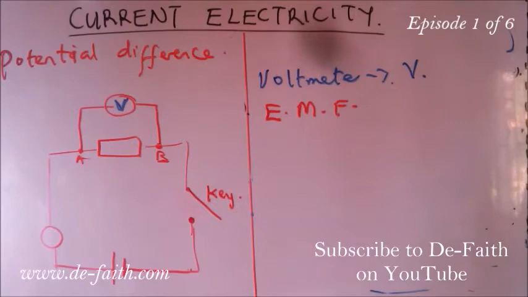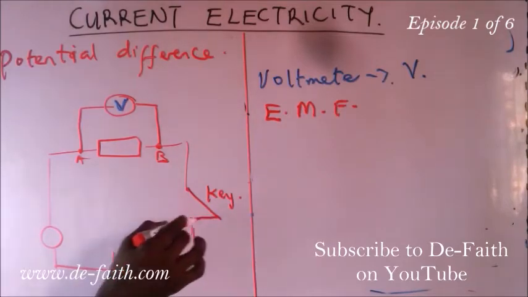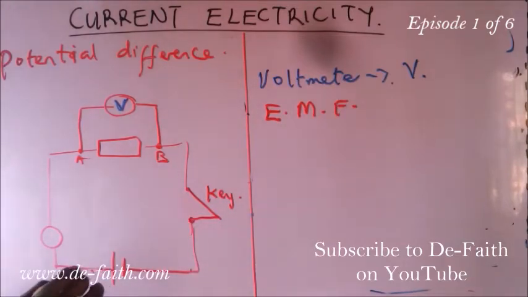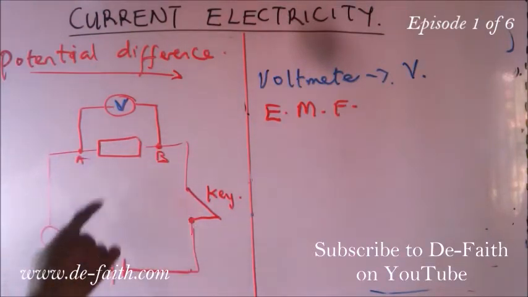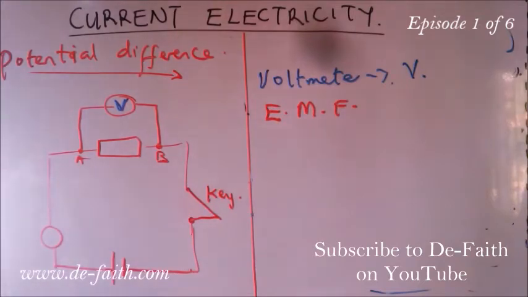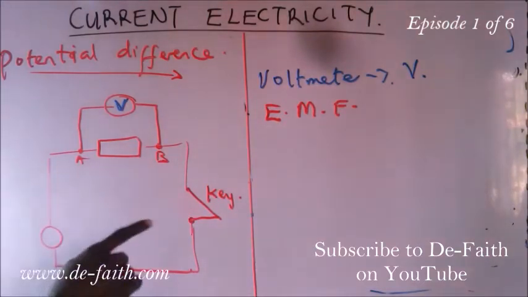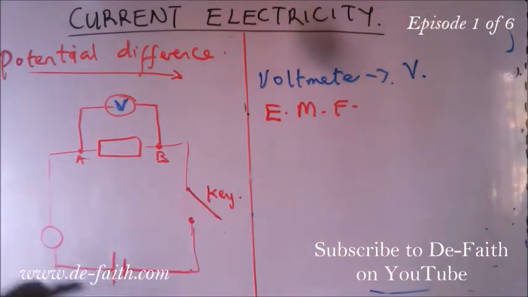We want to differentiate EMF from potential difference. When this key is closed, the current will be flowing from one point to the other. So potential difference is the work done when one coulomb of charge is being moved from one point to the other in a closed circuit. But let us say that this circuit is opened, meaning that there is no current flowing in it.